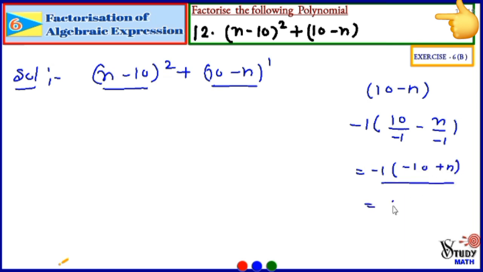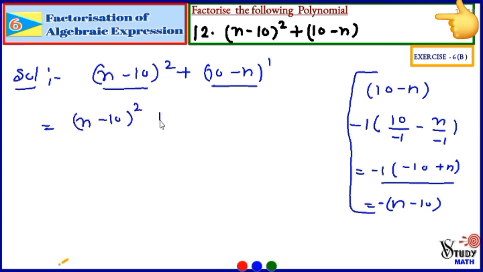And this can be written as n minus 10, and the negative sign is out here. So I hope you understand this logic. So we will take negative 1 as common from the second term. So (n minus 10) to the power 2 minus, because this negative sign multiplies the positive sign and becomes negative, (n minus 10) to the power 1.